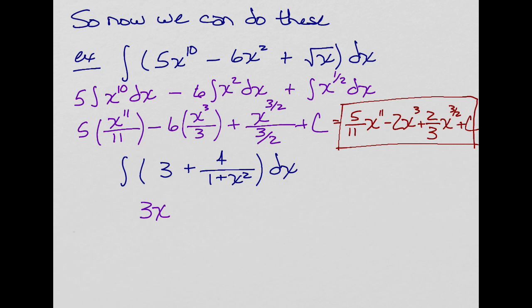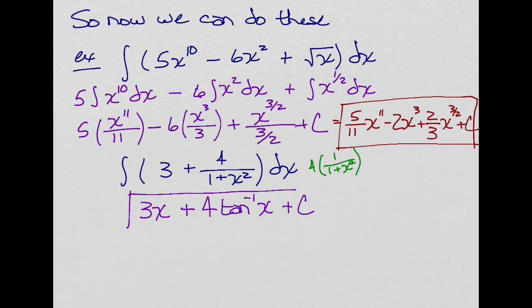Next, well, if this was 1 over 1 plus x squared, I know the antiderivative of 1 over 1 plus x squared. That's an arctangent. The constant multiple out in front is just multiplying. So this is 4 times the arctangent of x, constant of integration, and we're done.